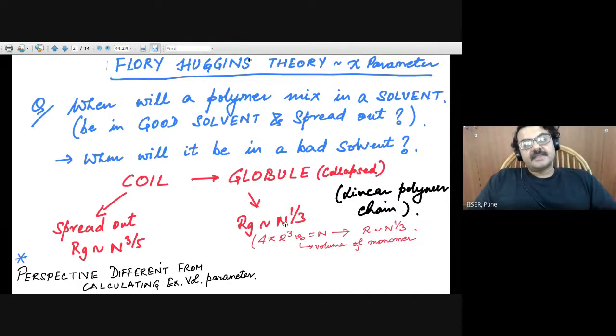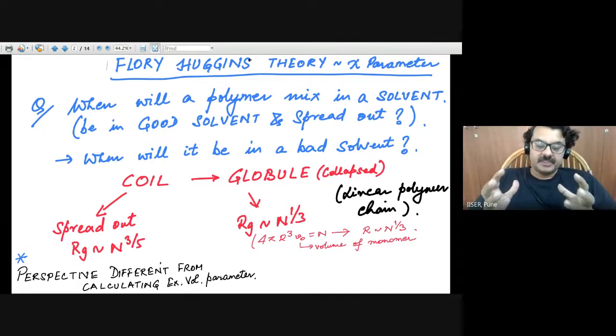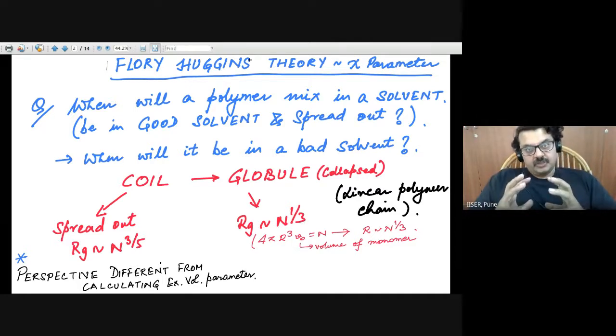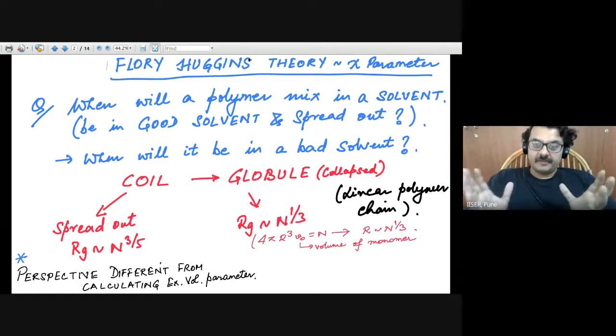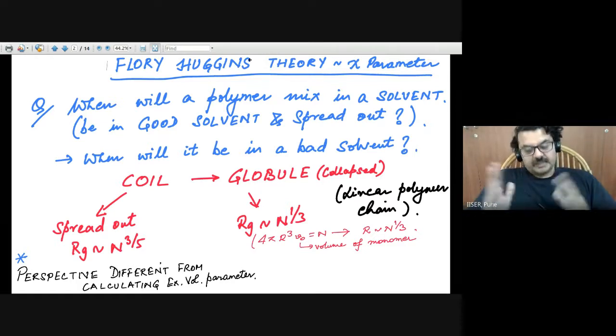So where does this scaling law come from? It's basically saying that suppose the polymer is completely compact. So the size of the polymer is such that there are no solvent molecules within the polymer. They have all been thrown out of the volume where the monomers are.